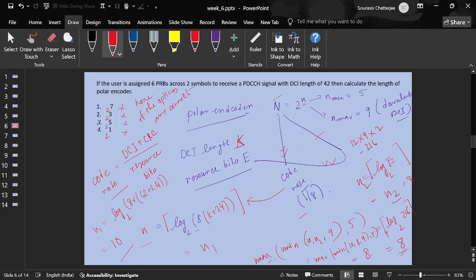Even though I have written resource bit here, don't confuse it with the resource bit E given here, because this E actually talks about the allocated resource bits, and here what I mean by resource bit is basically the number needed to ensure that the mother code rate of 1 by 8 is satisfied. So I should call it by a different name, not exactly resource bit.